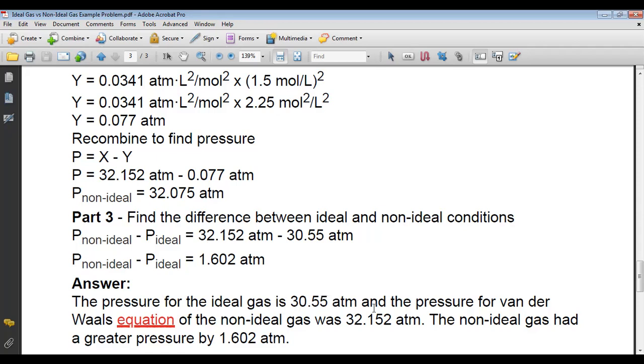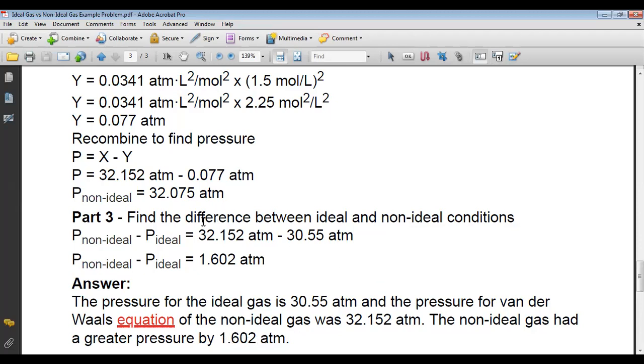The pressure for the non-ideal gas by using the van der Waals equation is 32.152 atmosphere. So the difference between them is 1.602.